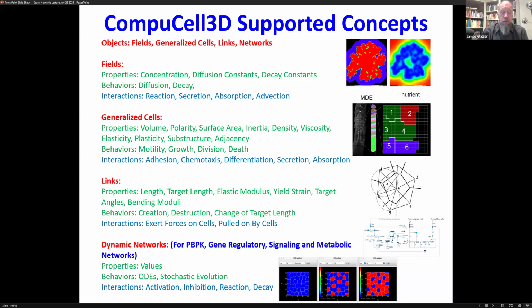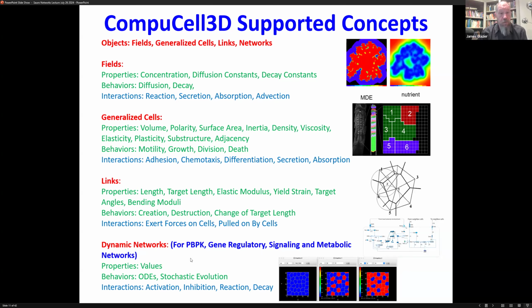Basically, what we're trying to do here is provide key concepts that are going to be used to model biological organization: generalized cells, because you can also represent components of cells like cell nuclei, leading edges, secretory apparatus, mitochondria, and what those components have as properties, volume, surface area, polarity, and so on, what they do and how they interact; chemical fields outside of cells typically, but also inside of cells, chemical concentration, for example; links, which represent solid-like material properties; and then networks.